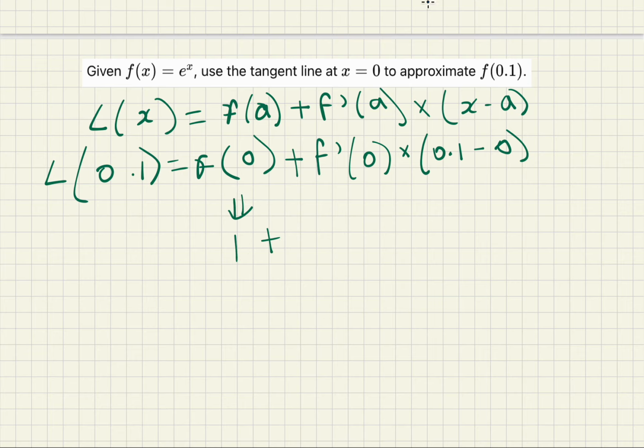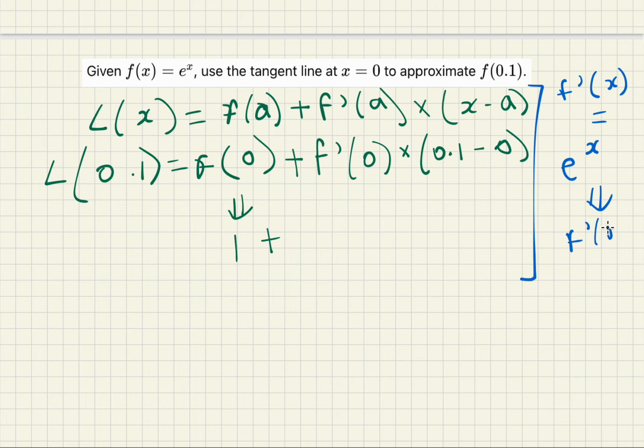For that, we need to first find the derivative to find f prime. And the derivative of e to the power of x is e to the power of x, right? So f prime of x equals e to the power of x. That's just an identity you need to know. And f prime at 0 is simply 1, because e to the power of 0 is 1.